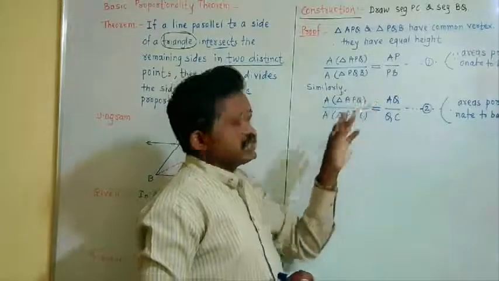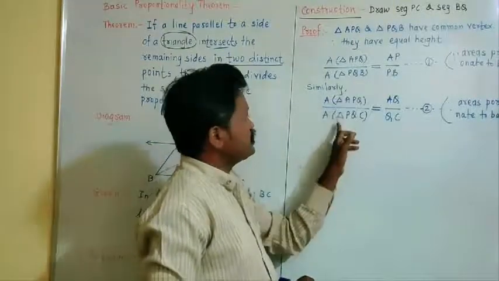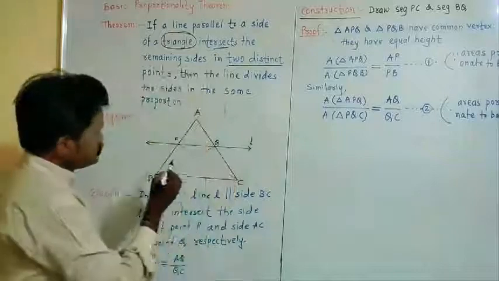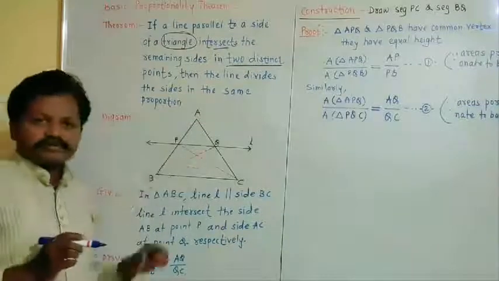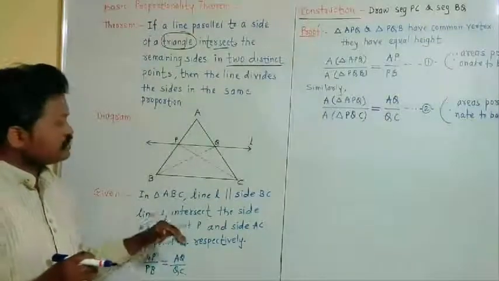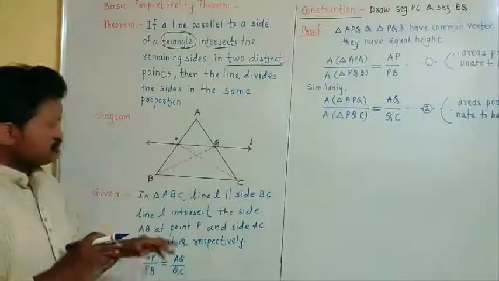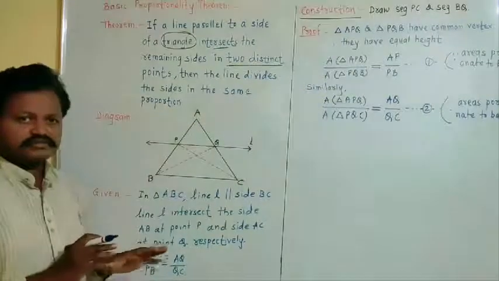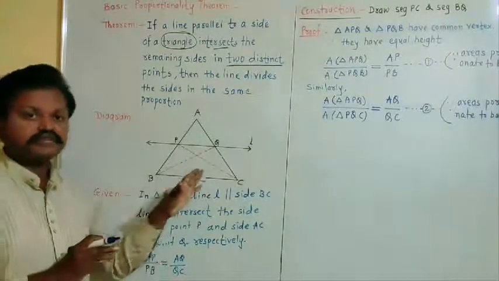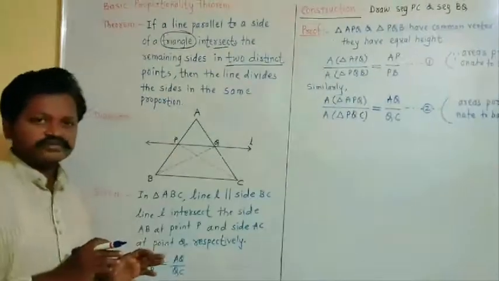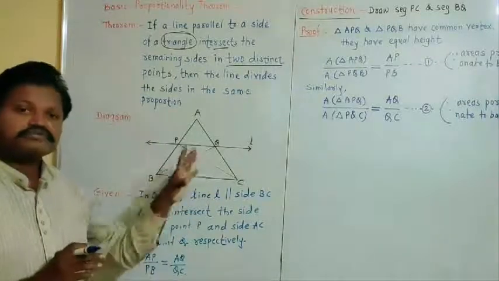Now what do you think about the triangles in the denominators, triangles PQB and PQC? They lie on a common base and between parallel lines. A triangle between two parallel lines has equal height, and the base is common. So the areas of these two triangles are equal.